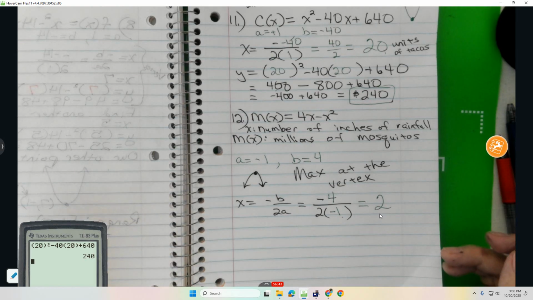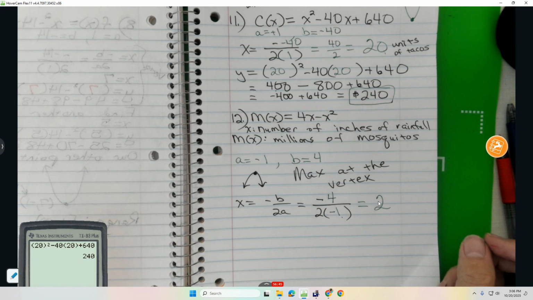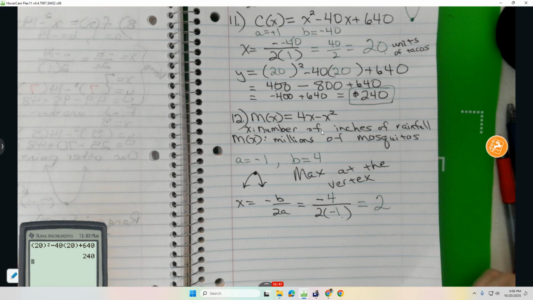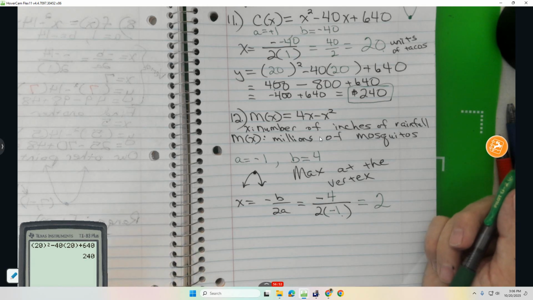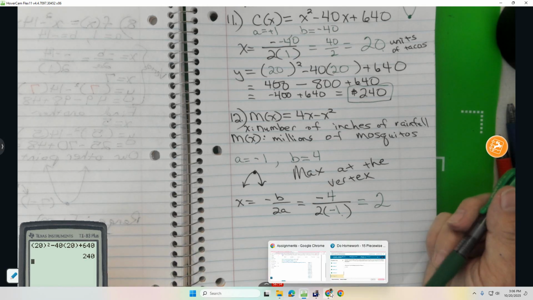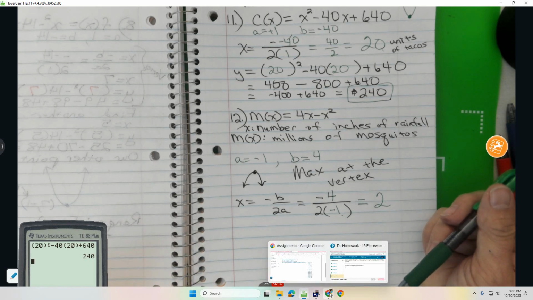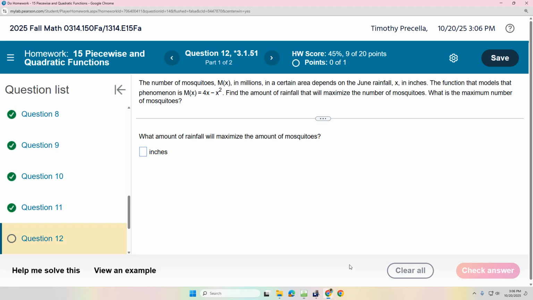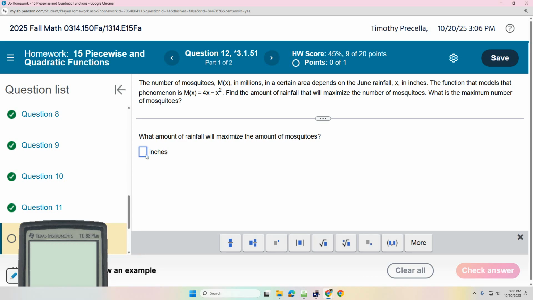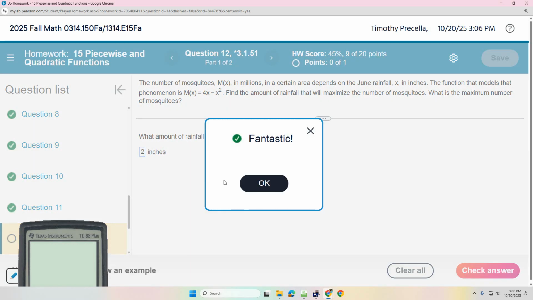Is that 2 million mosquitoes? What is X representing? The inches of rain. We're looking for a maximum. The maximum number of mosquitoes will occur if there are 2 inches of rainfall in June.